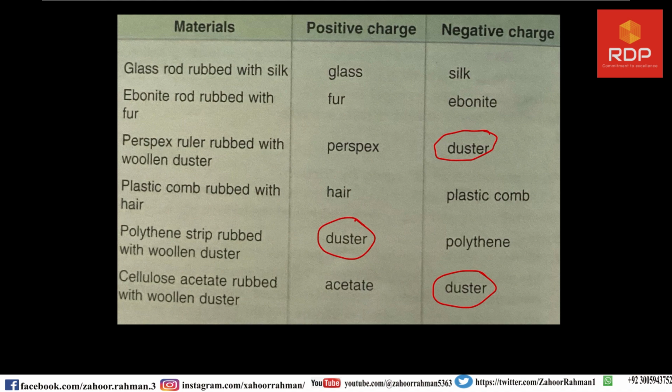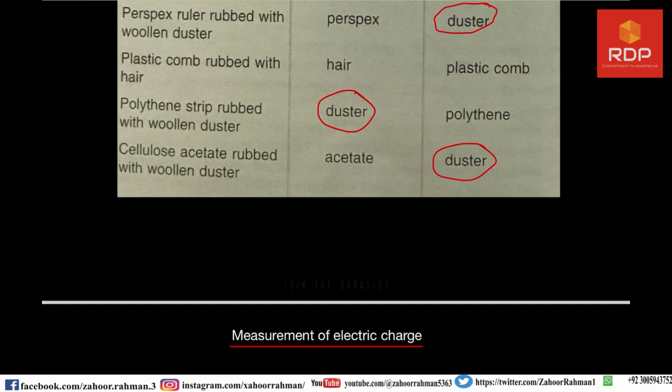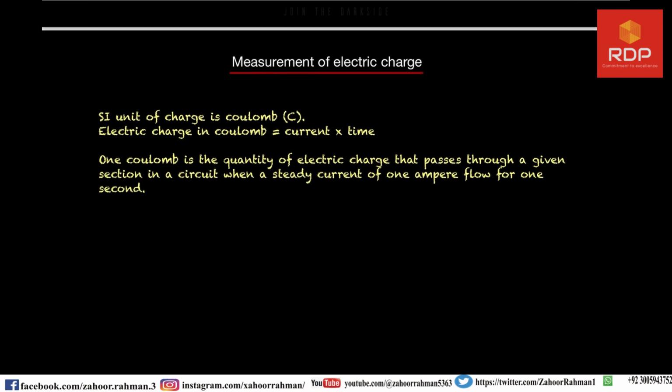You have to see the second material with which that duster is rubbed. So when it is with a perspex ruler, it will be negatively charged. But if it is with a polythene strip, it will be positively charged. And similarly with acetate, it will become negatively charged. Keep these things in mind.